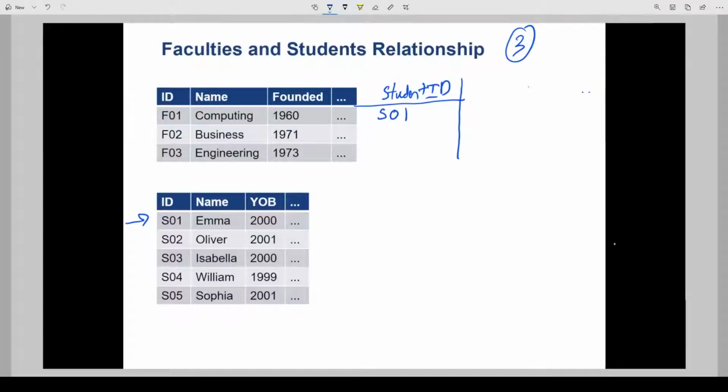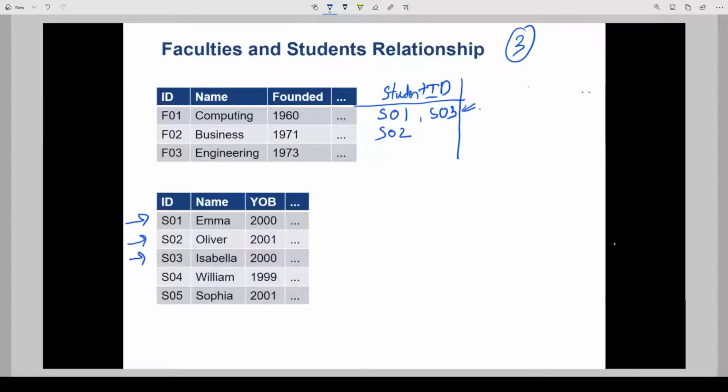Student ID S01. Oliver studies business, so we get S02 in here. Now, Isabel studies computing. So we have a problem in here. Should we put Isabel in here also? S03?